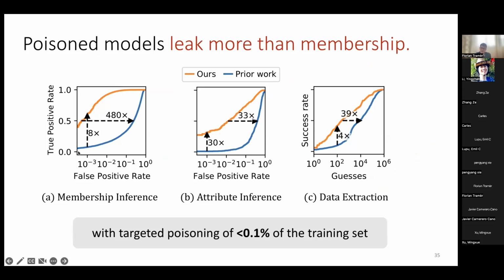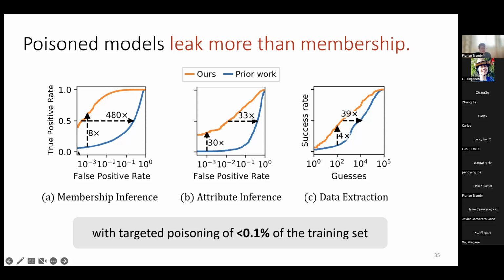And for each example that they want to target, the attack is extremely efficient in that the adversary only has to poison something on the order of 0.1% of the training set. And for membership inference, for instance, which you can see here on the left, we can get an attack that, depending on how you look at it, is 1 or 2 orders of magnitude stronger than our prior attack.